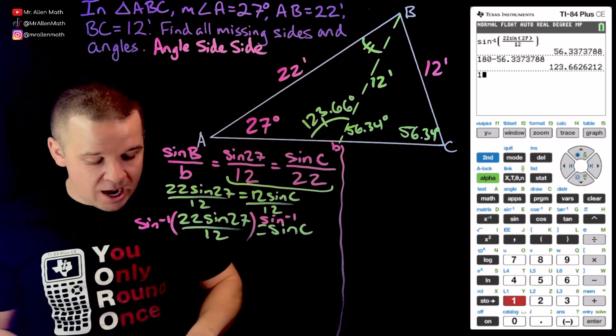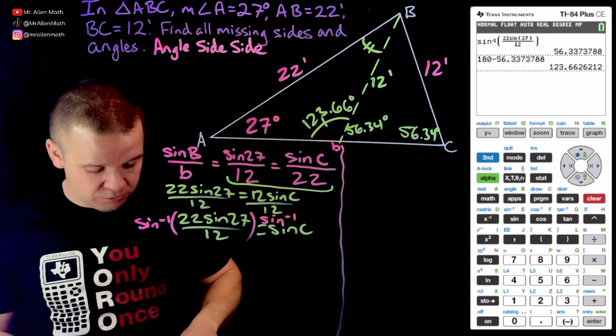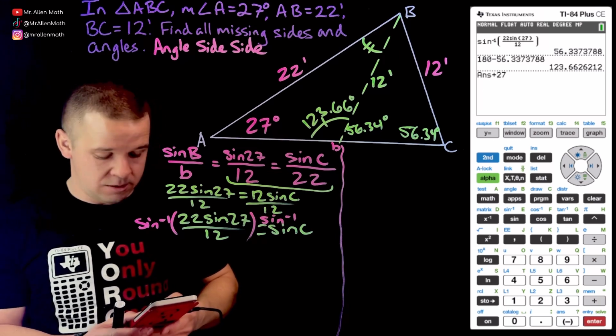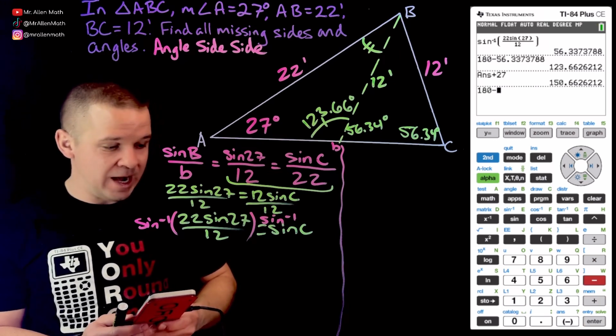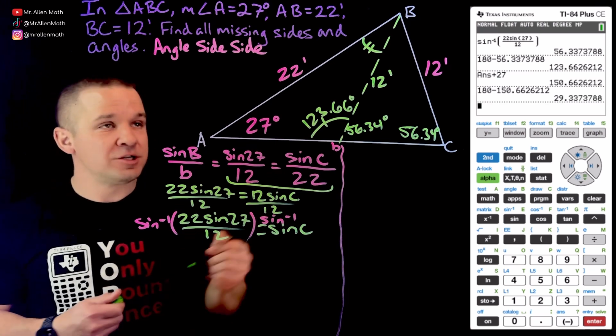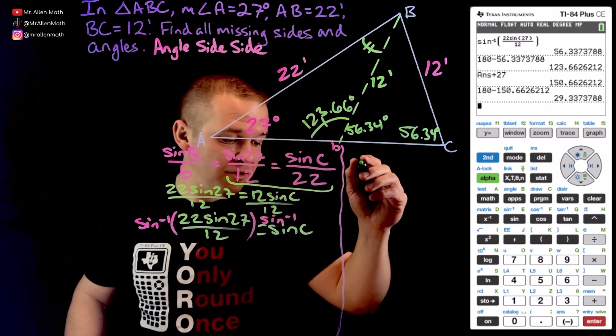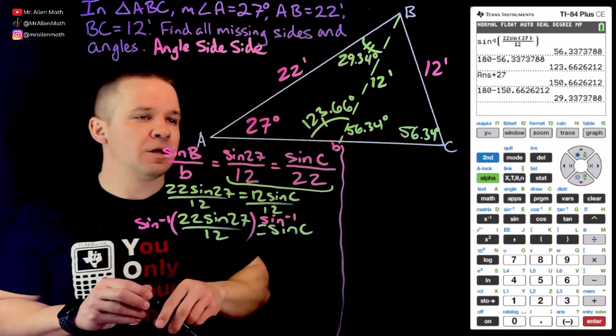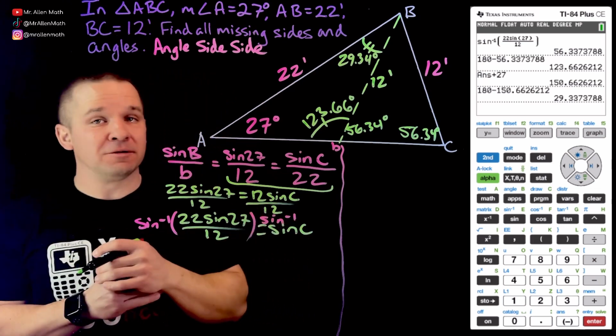So we'll do plus the 27 and then hit enter, 180 minus that. Yes, there is room to party. So we got 29.34 degrees. So there is a second triangle here.